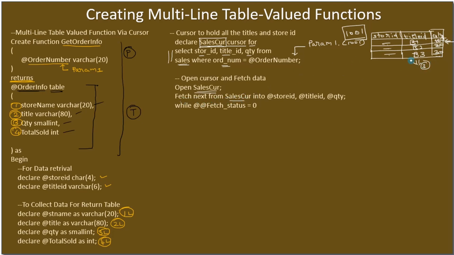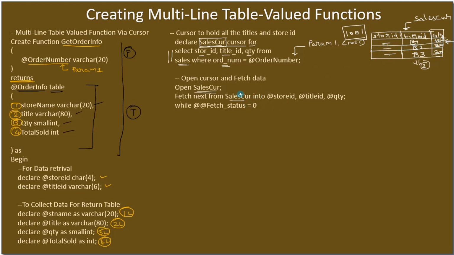Fetch next from sales cursor means the open statement will bring the table into memory, and fetch next means from the current record pointer, fetch the data.